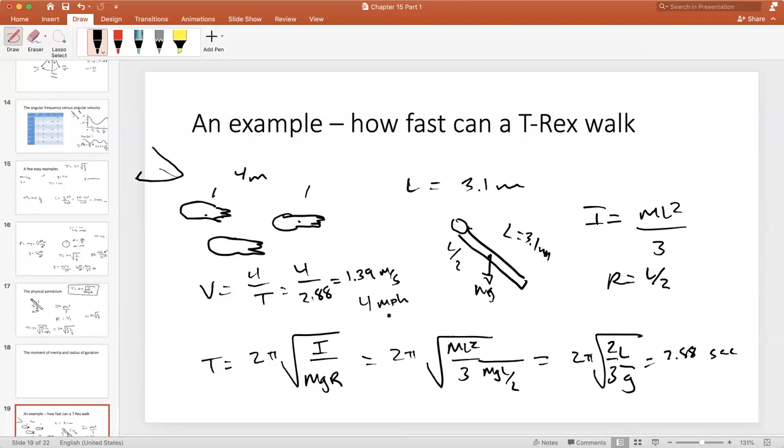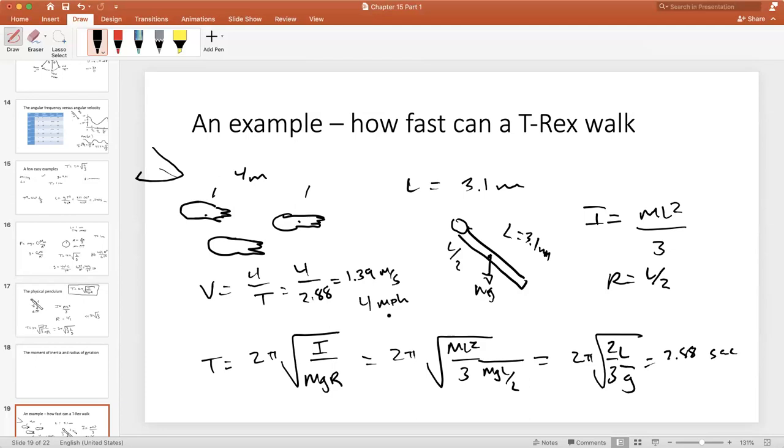Okay. So from this, you can see that if you could model the leg of a T-Rex as a physical pendulum of a uniform density rod, you will get about 4 miles per hour, the same as a human. And that's not too bad. Can you measure the T-Rex leg?